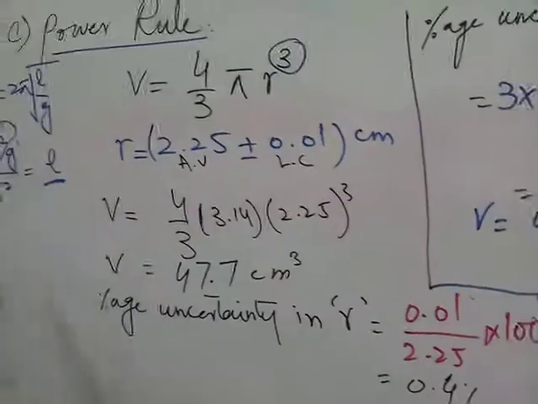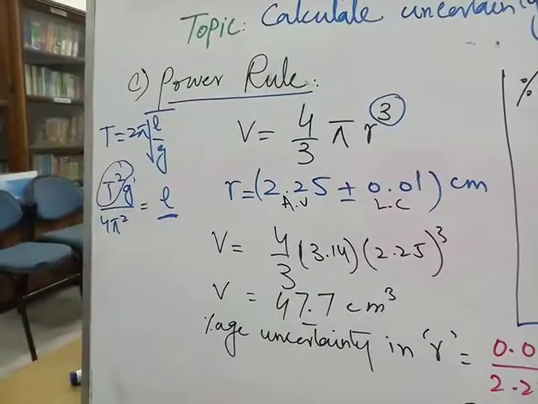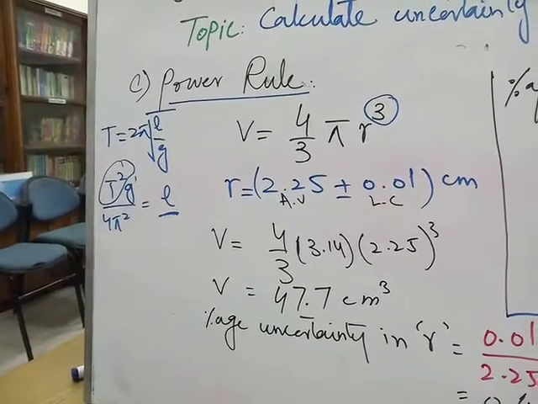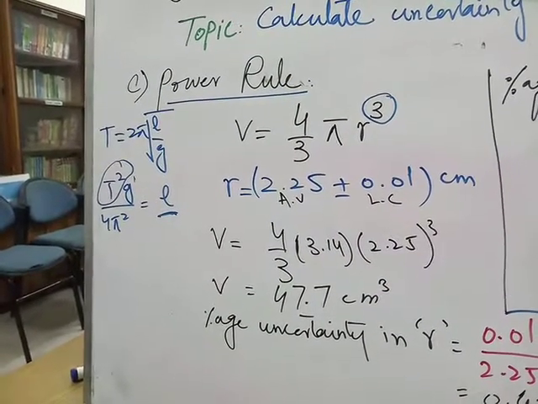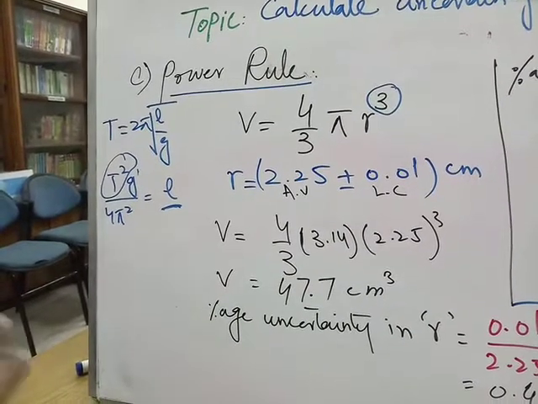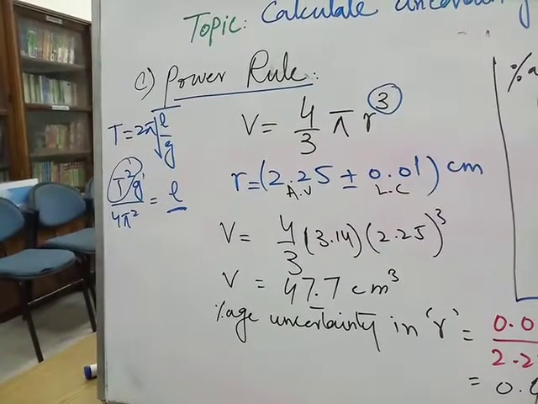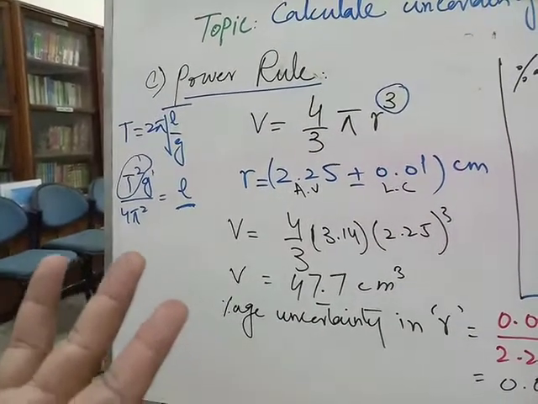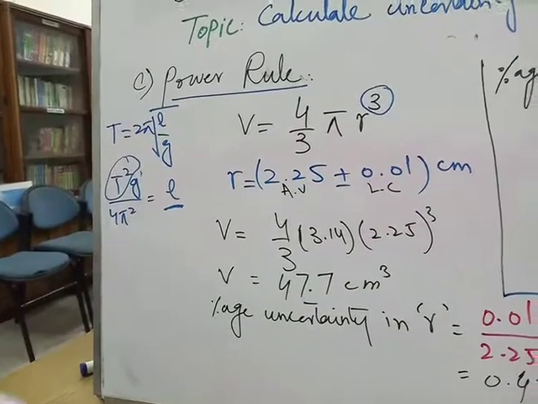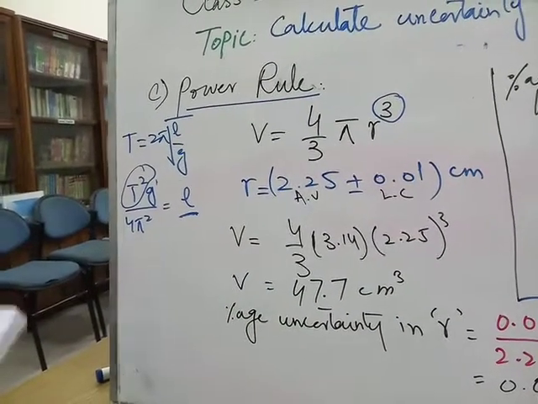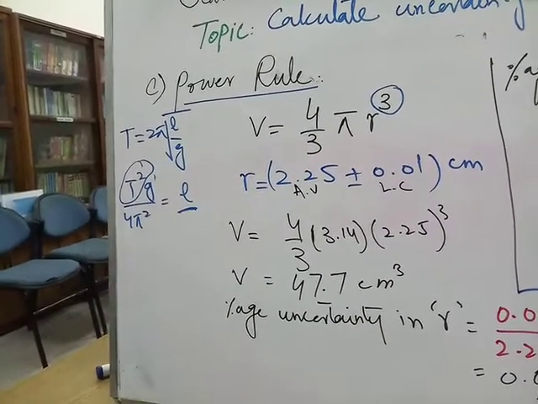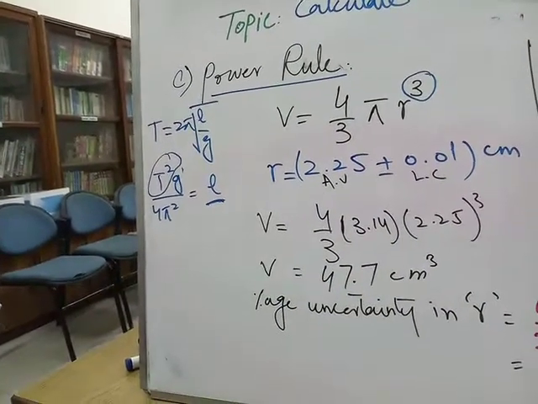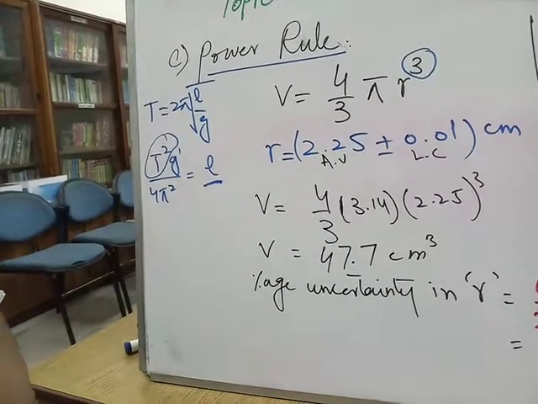For that, first we find T, and how do we find T? T is equal to the total time of vibration divided by the total number of vibrations.